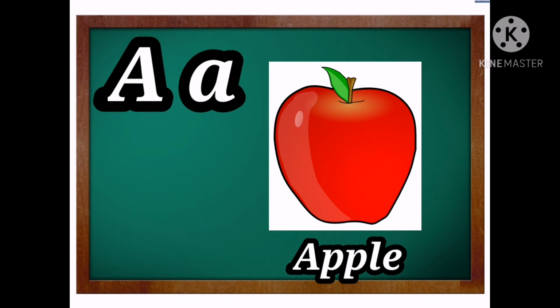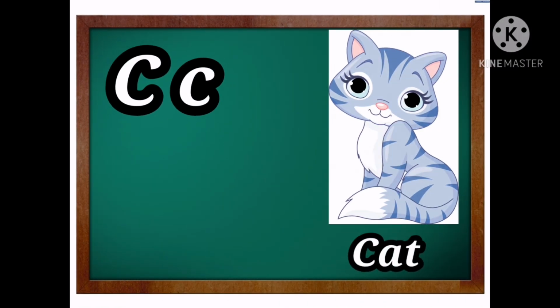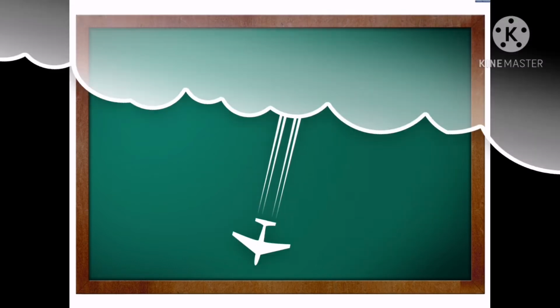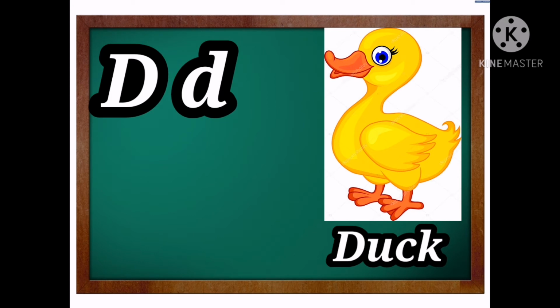Learners, impressive. B for balloon. Learners, brilliant. C for cat. Learners, very good. D for duck.